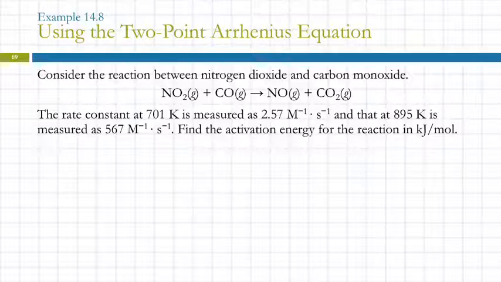Find the activation energy. And units are specified there, kilojoules per mole. So we've got 2 rate constants, and we've got 2 temperatures, and we can use that to find the activation energy.